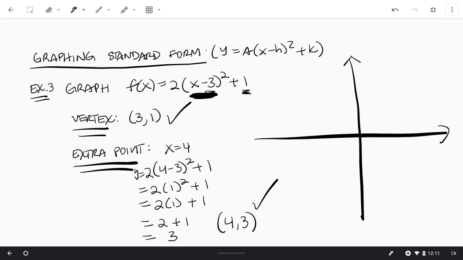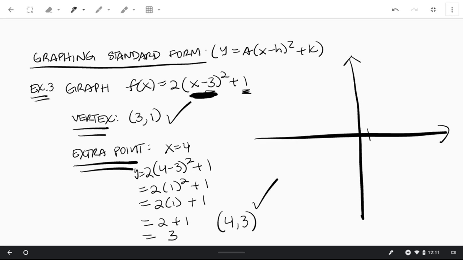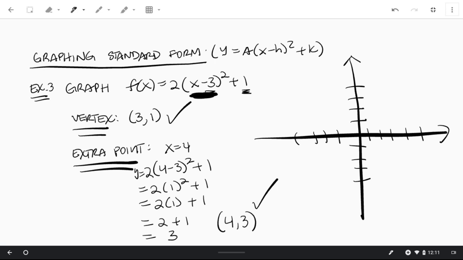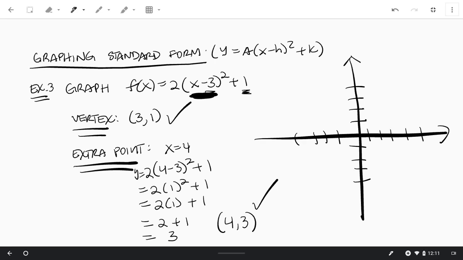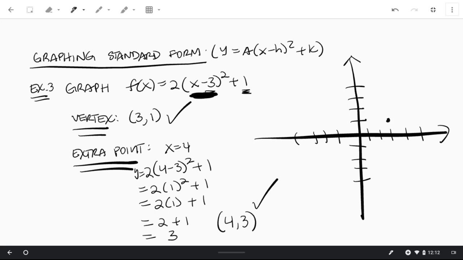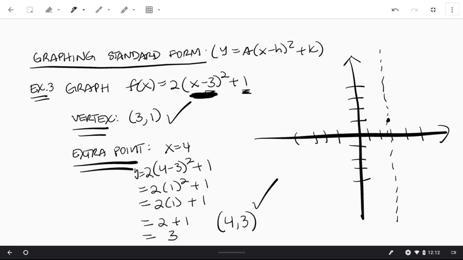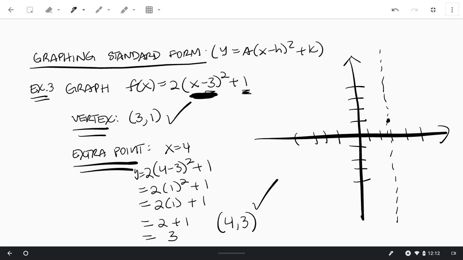Okay, so let's go ahead and graph this. 1, 2, 3, 4, 5. So (3, 1), that's my vertex. And I have my line of symmetry. Going through there, again, it helps you to keep track of the vertex and how to get that third point by symmetry. So (4, 3): 1, 2, 3, 4, 3.